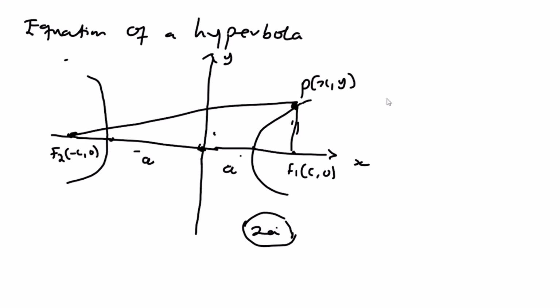So it means that f2P minus f1P is equal to 2a. From the definition, we said that a hyperbola is a set of points in a plane such that the absolute value of the difference of the distances from each point to two fixed points is constant. So this is going to be equal to this 2a, and it is constant.